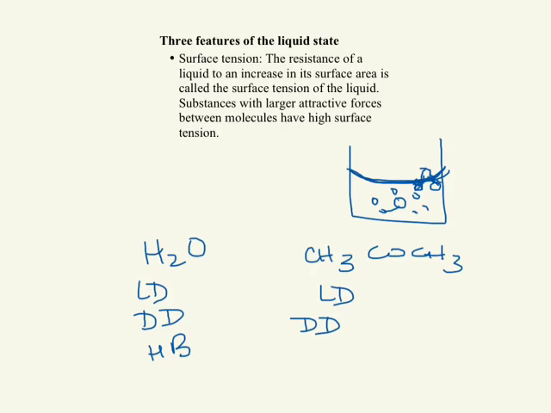So which one out of these two has stronger intermolecular forces? Water. So that means the water molecules present inside will pull the molecules present at the surface with a higher surface tension.